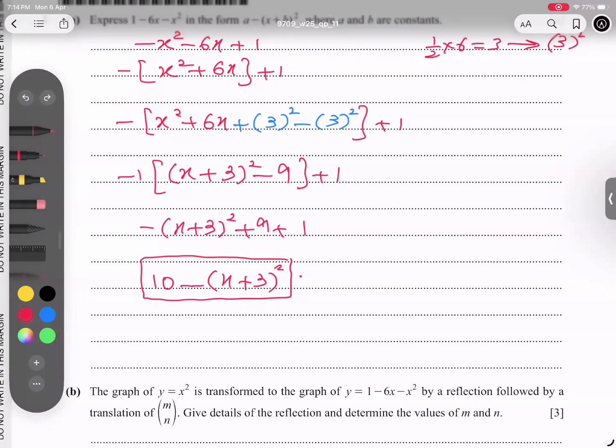Before I start, I will tell you the reflection concept. If you want to reflect any curve, let's say this part of the curve, in the x-axis, what happens? The x remains the same, but look here, for example at 3, the y value is 4. But when reflected in the x-axis, its value turns negative.